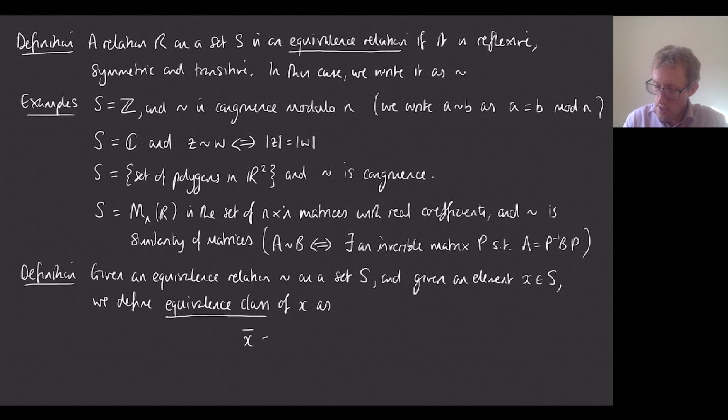X bar, it's the set of all elements of S that are equivalent to X. So I'm going to write that as the set of all Y in S such that Y is equivalent to X.